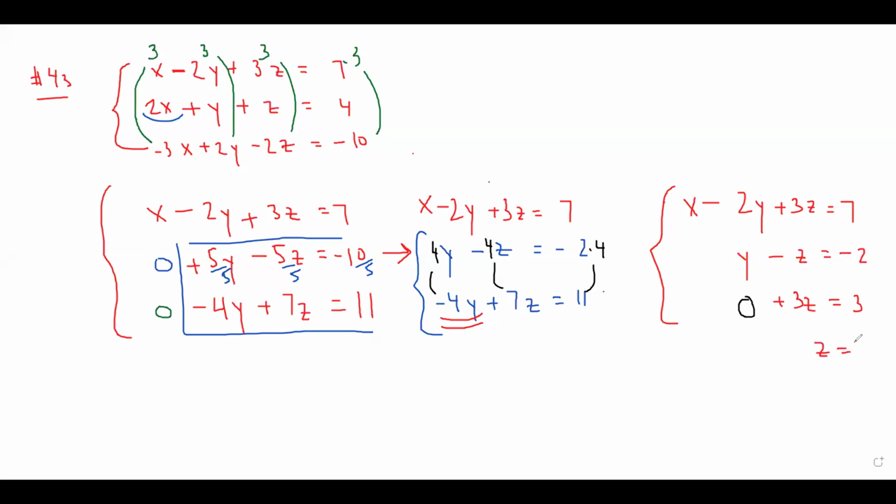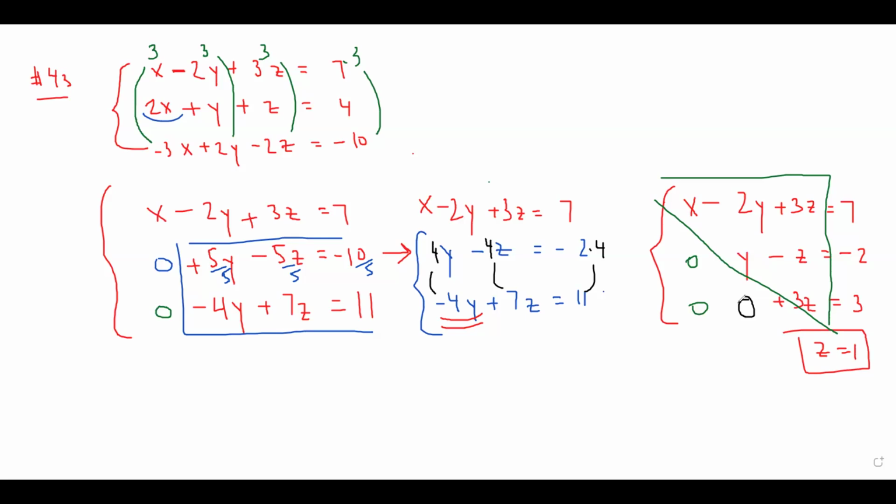Z is 1. So we produced so-called triangulized system. What? Just triangulized is like if you had imagined this triangle. So there is 3 terms here, 3 equations here. So it's like 3 sides by 3 sides, and everything else here zeros. See, we killed those 2 terms and that, so we produced zeros.